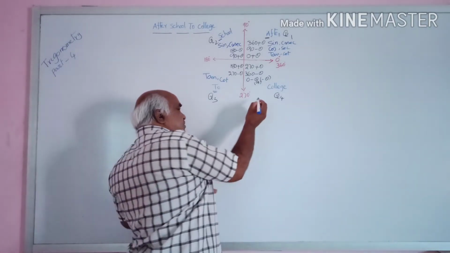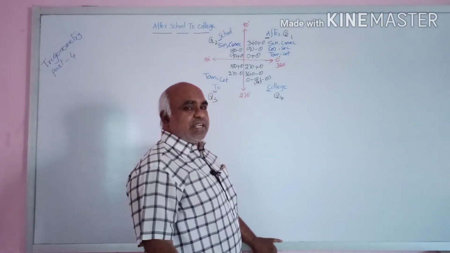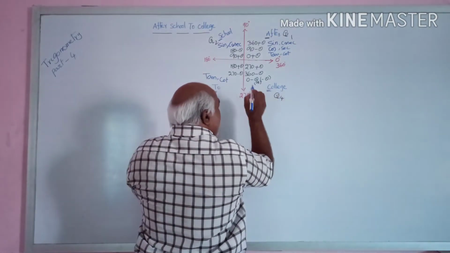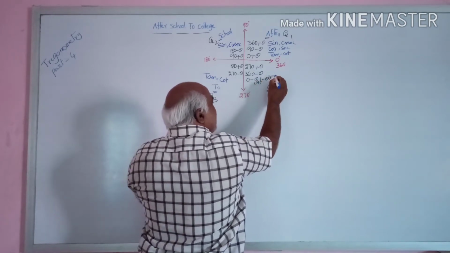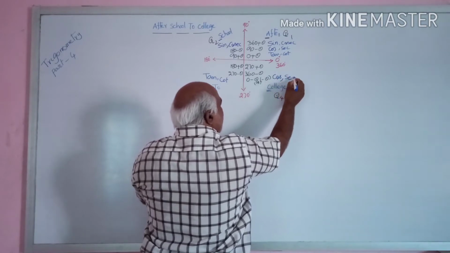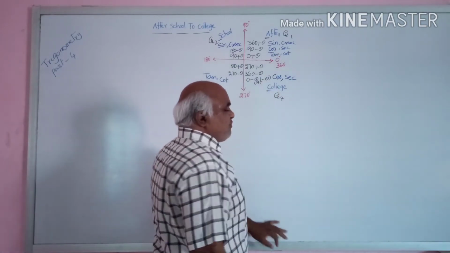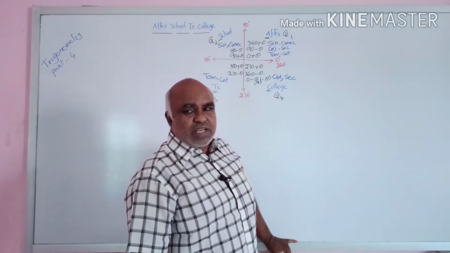In the fourth quadrant, what is the letter? College. College means C. The trigonometric ratio which starts with C is cos. What is the reciprocal of cos? Secant. This is the layout of After School to College.